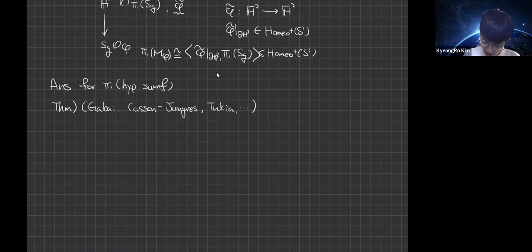So the theorem says that a convergence group in the circle is a Fuchsian group.